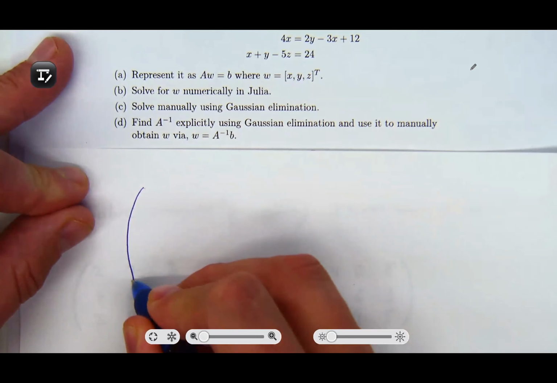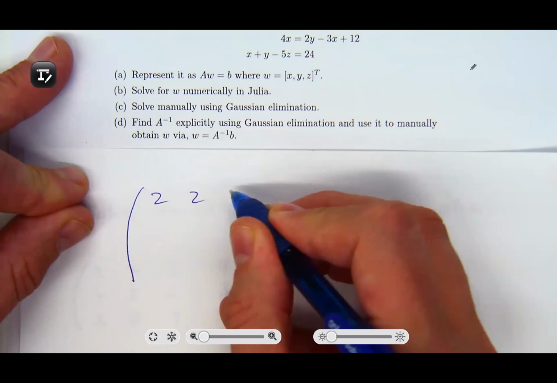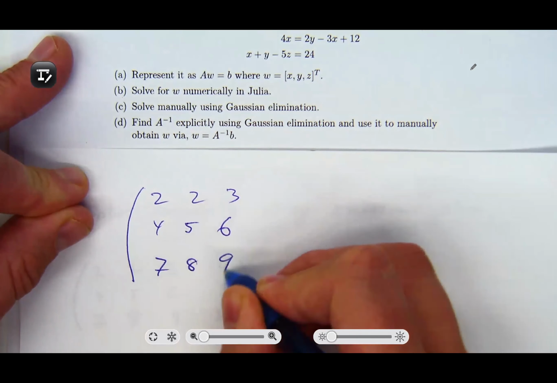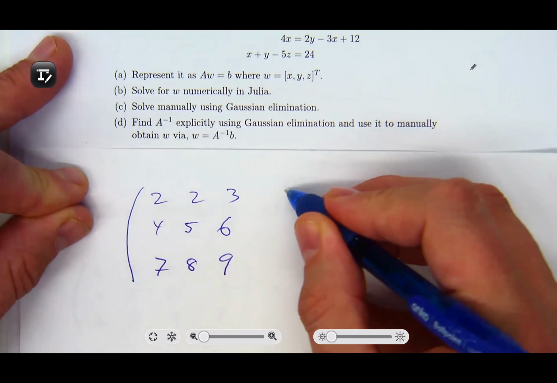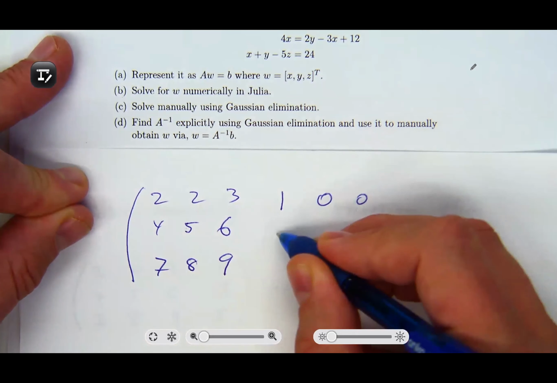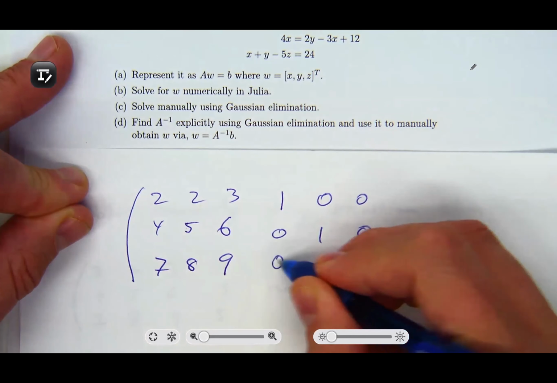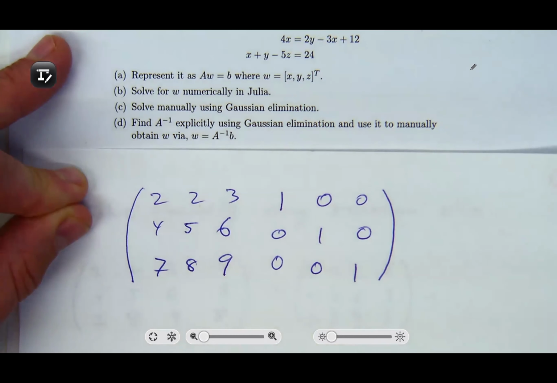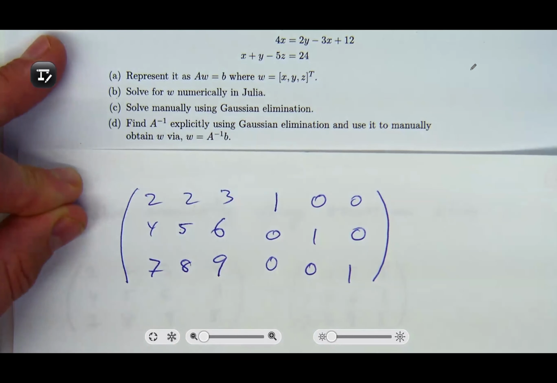So what we would do is write down the matrix 2, 2, 3, 4, 5, 6, 7, 8, 9. And then over on the right, I want to put the identity matrix 1, 0, 0, 0, 1, 0, and 0, 0, 1. Now row reductions, there'll be quite a few.